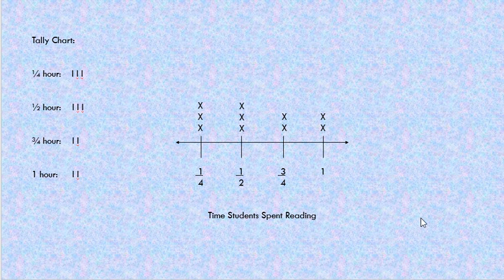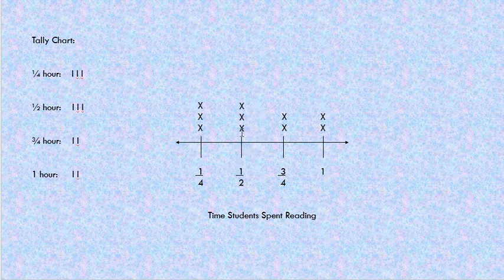Now, you can use this data to compare and to contrast and answer questions based on the time students spent reading. You can look at your line plot and you can say, how many more students read for 1/2 hour than 1 hour? You would look at your 1/2 hour.